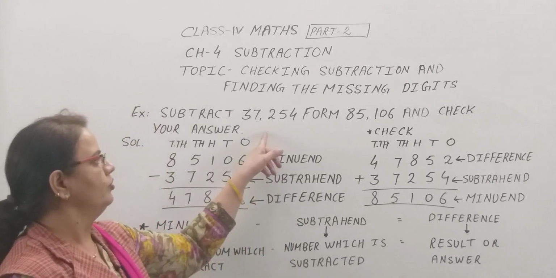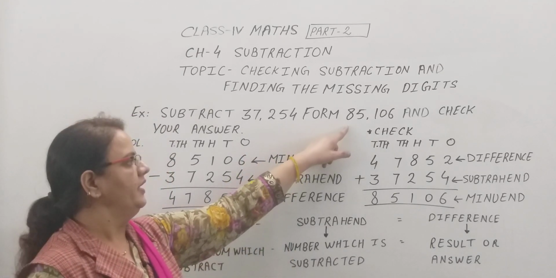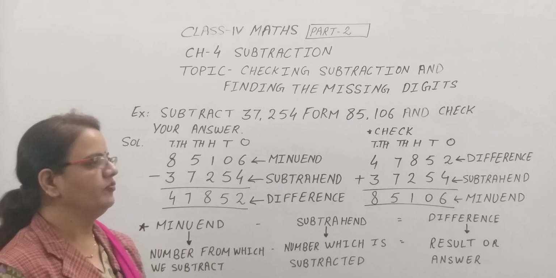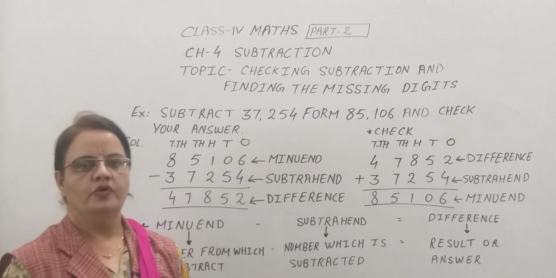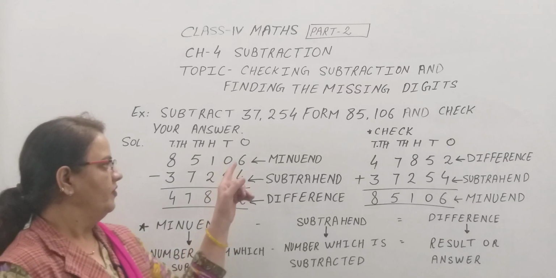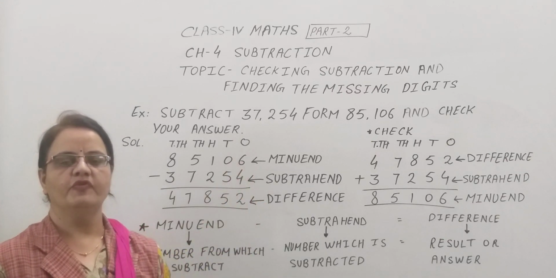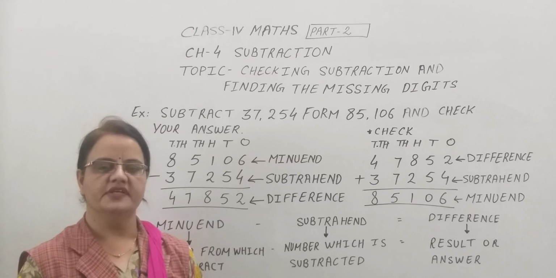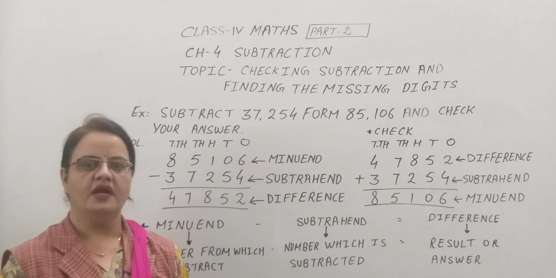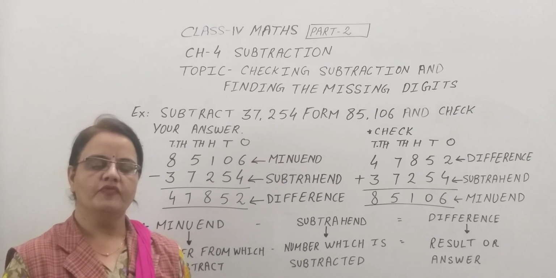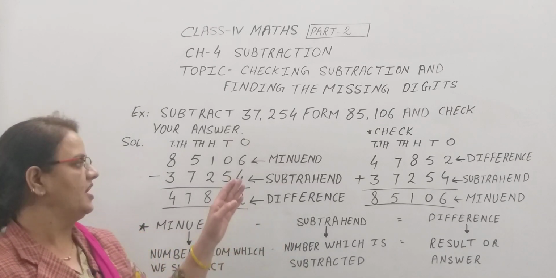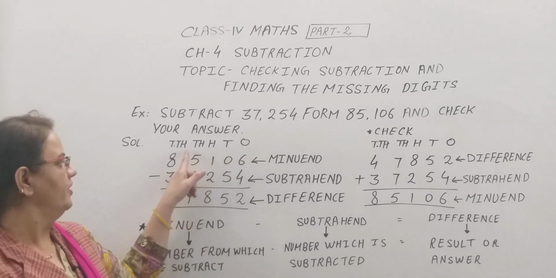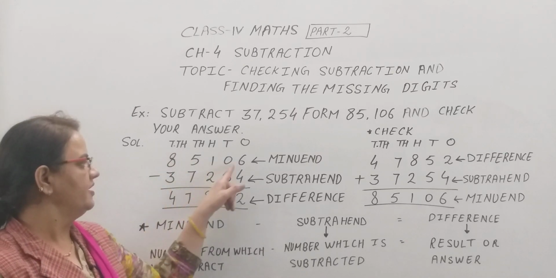When we compare, we find that 85,106 is greater than 37,254. Before arranging the numbers, we write down the place values from right to left. We start from ones place, tens, hundreds, thousands, 10,000. Then we arrange the numbers.